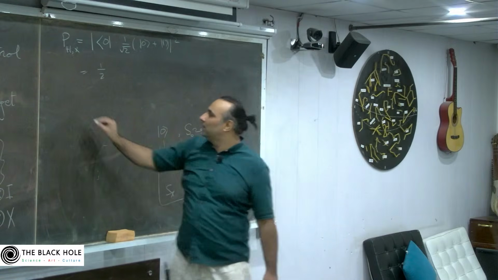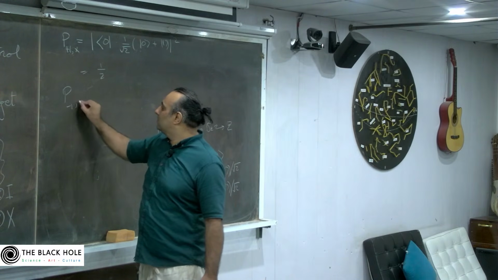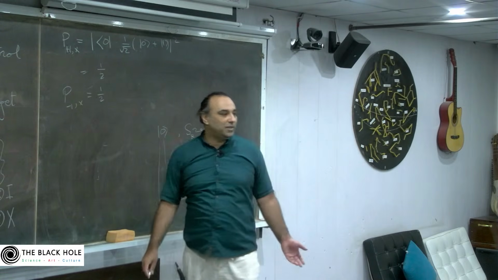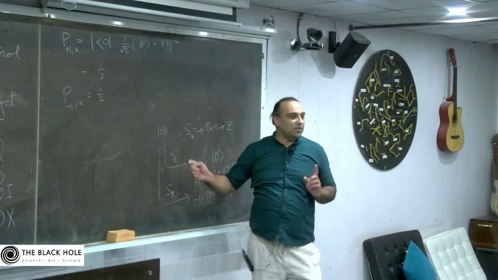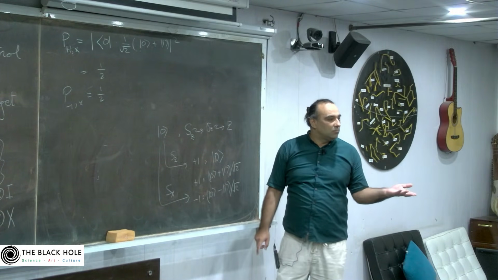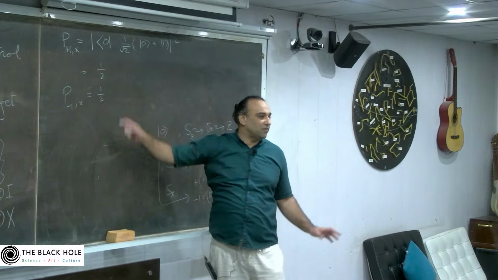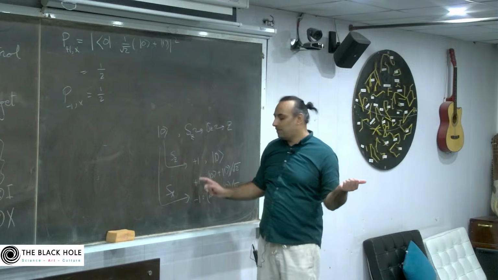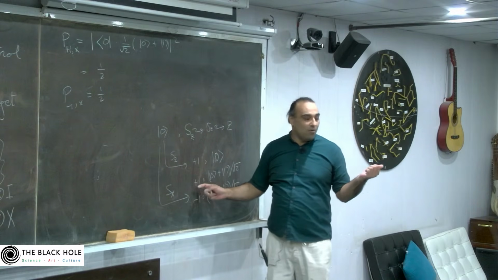Similarly for the other, you get probability 1/2. So if your system is in this state and you choose to measure SX, your outcomes are 50-50. 50% probability with eigenvalue +1, 50% probability with eigenvalue -1.